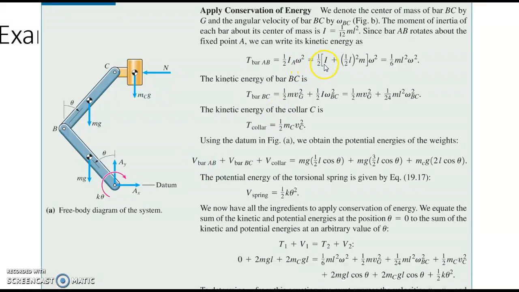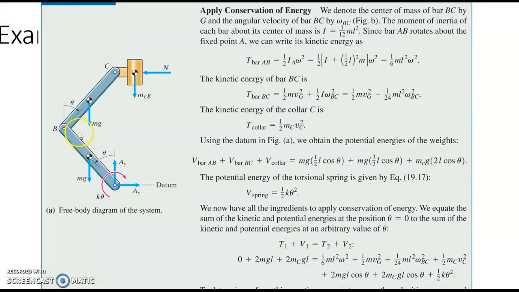I can use the parallel axis theorem if I know the moment of inertia for a slender bar about an axis through its centroid. If we look in the tables, this I will be given by 1/12 ml squared, and then the distance between those axes, between the bar centroid and A, would be half L. So I end up with this expression.